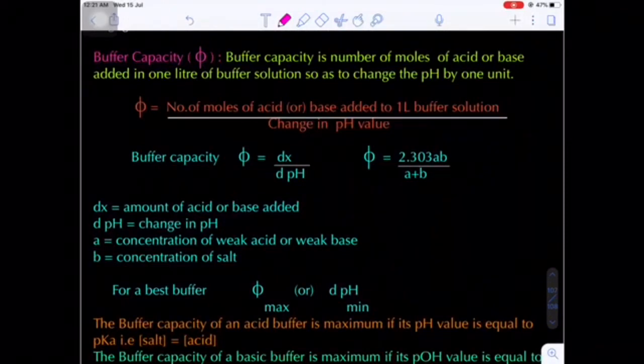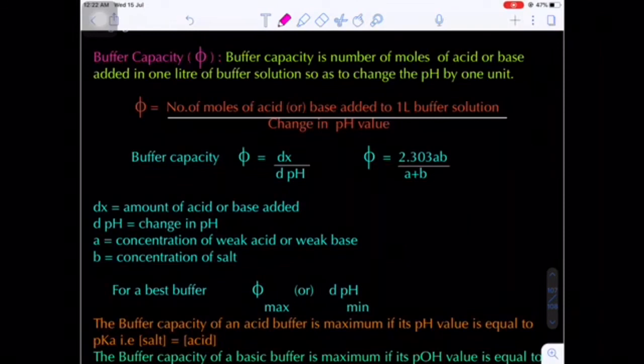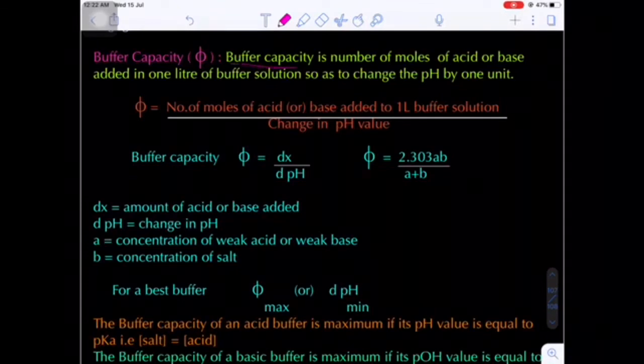Now this is a very important concept, the buffer capacity. When a small amount of a strong acid or strong base is added, there is no change or only a slight change in the pH. The change in the pH value is negligible. If we add a large number of moles of acid or base, then the pH value definitely changes.